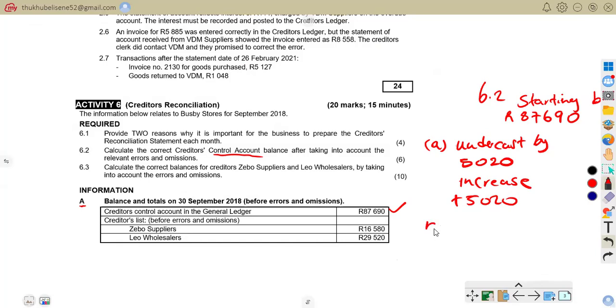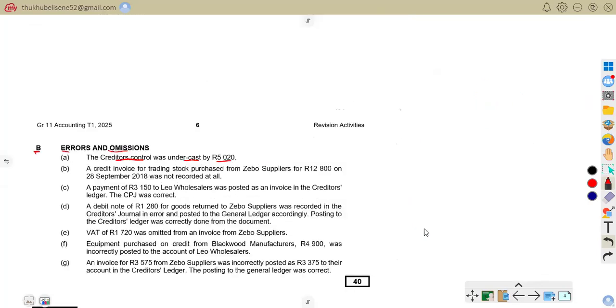So that is that. Let us go to B and try to find another adjustment that affects our control account. Let us go to the errors and omissions, because we are preparing this after we have taken into account the errors and omissions.